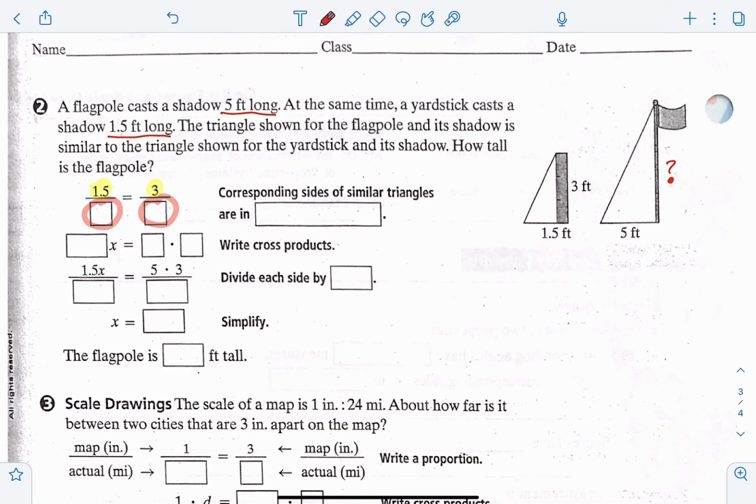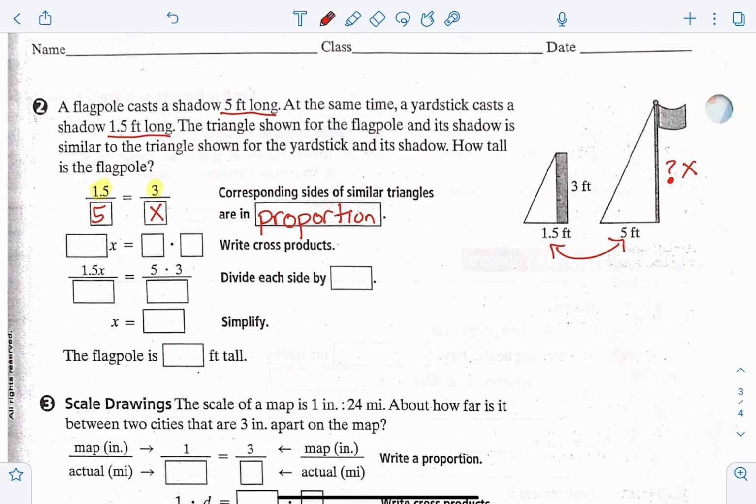All right, so 1.5 would be over 5 because those are the bottom shadows for both of the images. And then 3 would be over x because we don't know how tall the flagpole is, and that would be the same side from those two images. Okay, we know that they are similar triangles, so that means that they are in proportion.